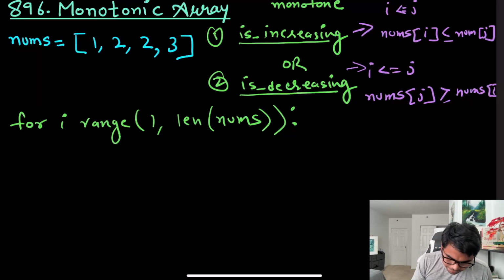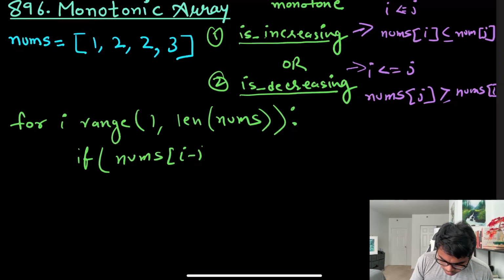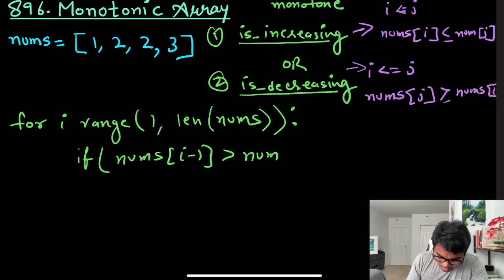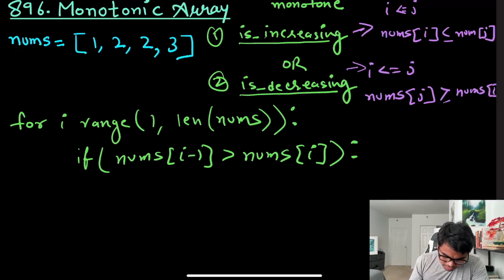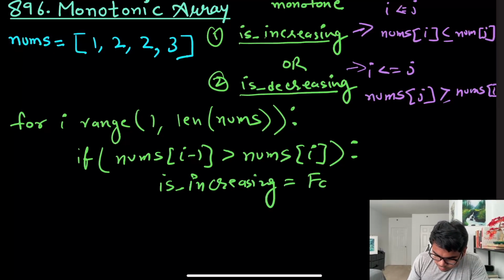So I will say, if nums at i minus 1 is greater than nums at i, then this cannot be monotonic increasing. So I will make this false.